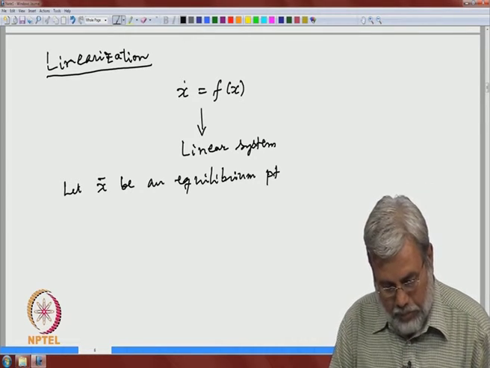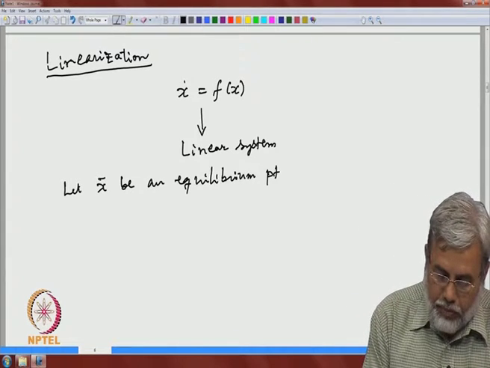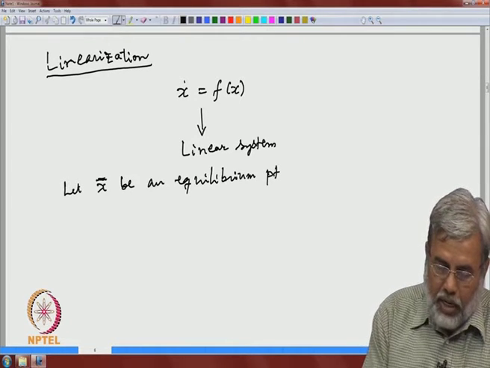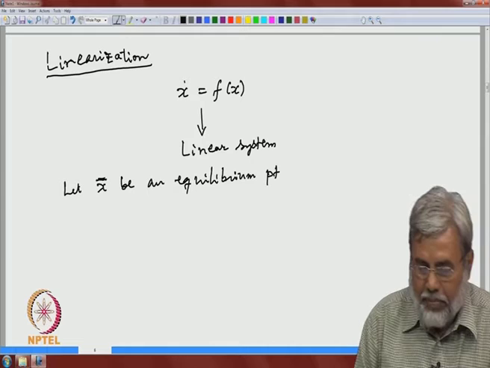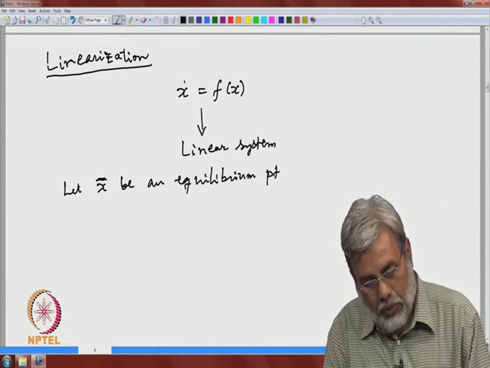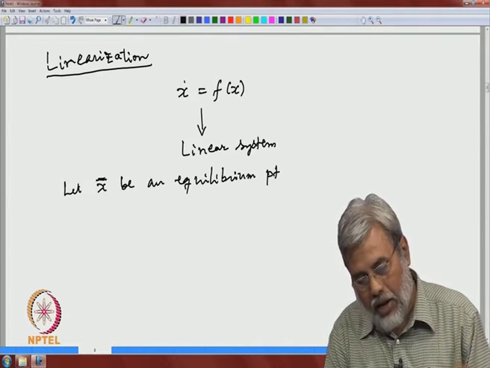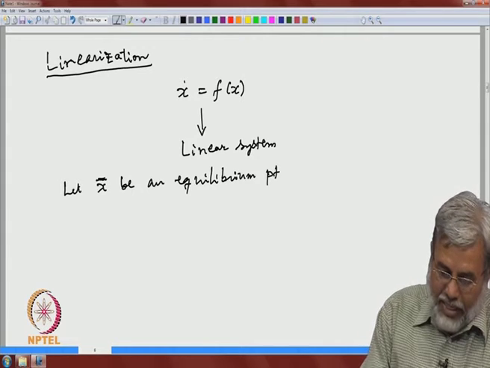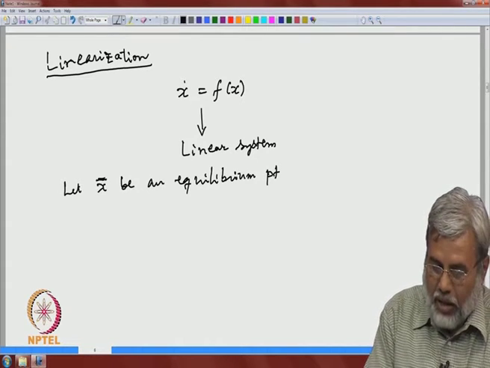So, we are in a very small neighborhood around x bar. So, everything is taking place there. So, we are interested in solutions which start very close to x bar to stay there or whether they are leaving or not. Okay. So, the analysis is centered around x bar.